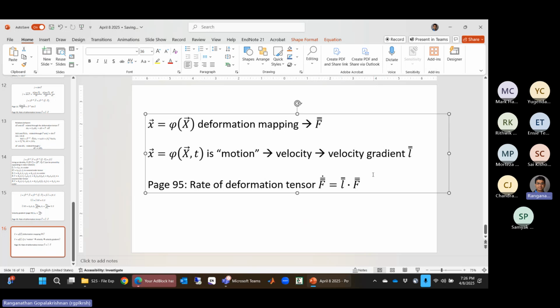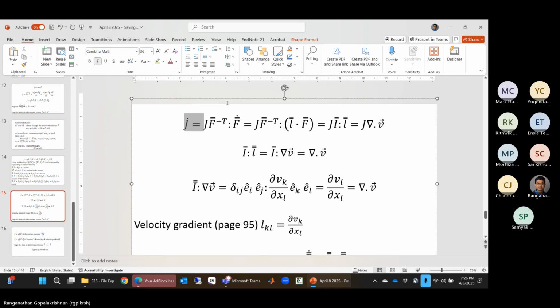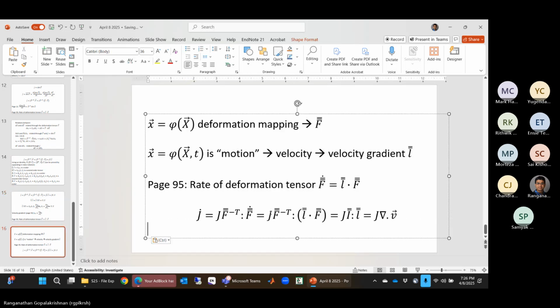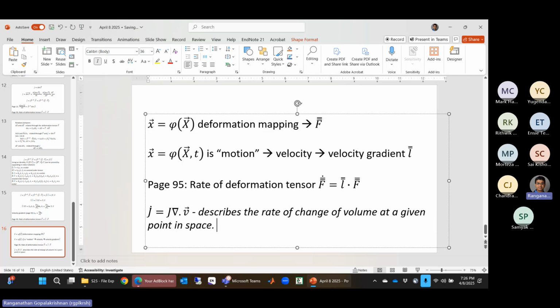We have now derived J dot is equal to J, which is related to the deformation gradient, and del dot V, which is related to the motion itself because it's related to the velocity. This describes the rate of change of volume at a given point in space.